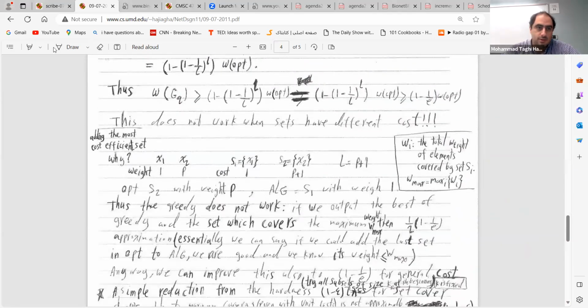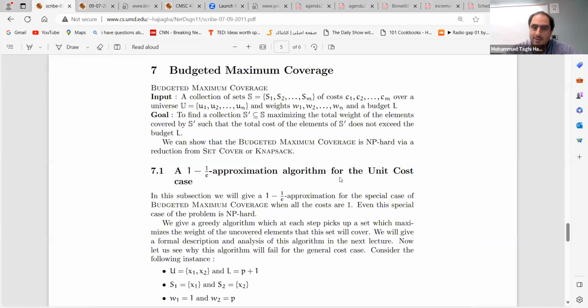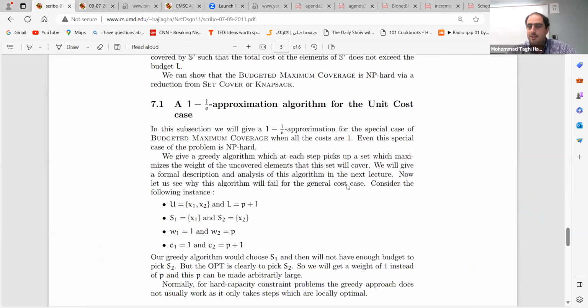So let me actually go. This part was a simple thing that is mentioned in the scribe note. Nice. Good.